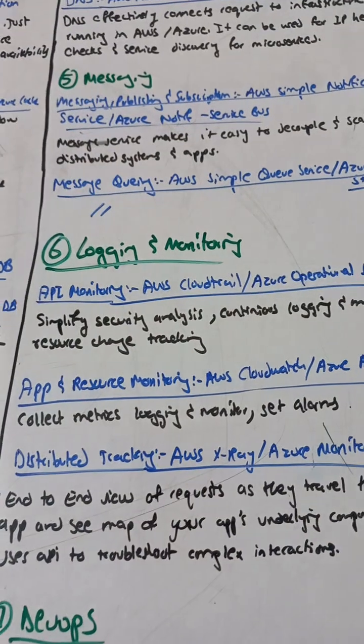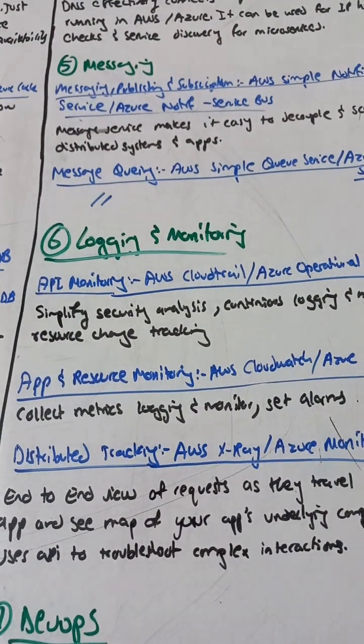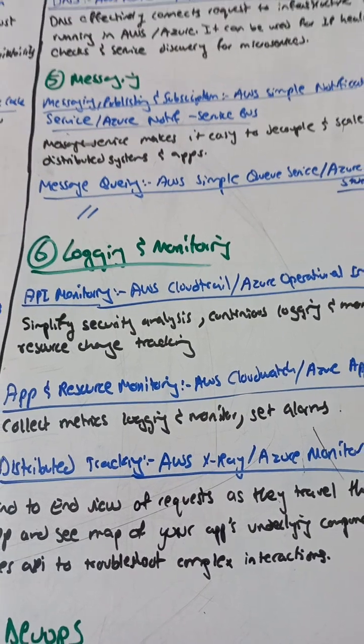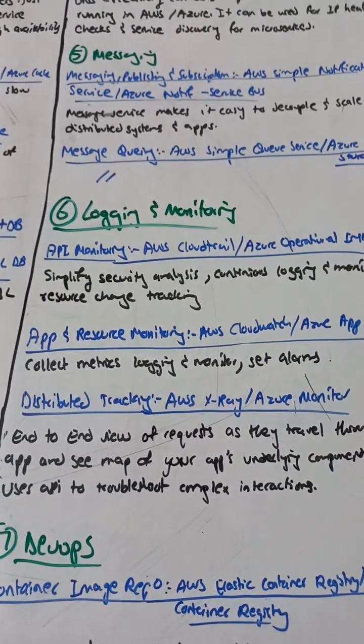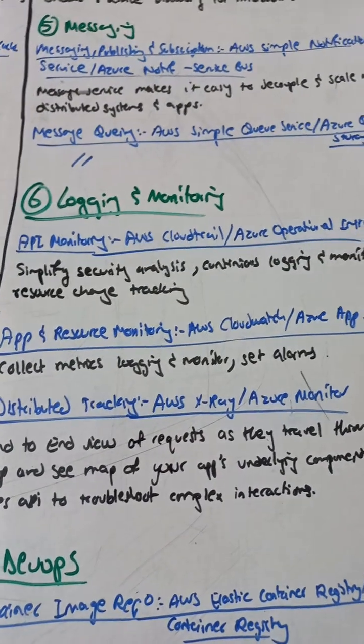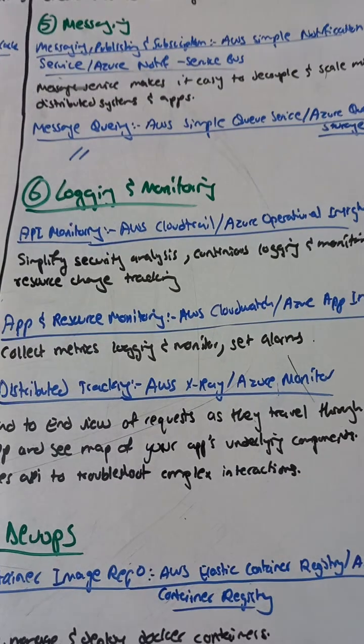For logging and monitoring, if you're doing it on the API level, then you are going to be using AWS CloudTrail and Azure Operational Insights. Whereas if you're doing it on the application level, then you will be using AWS CloudWatch and Azure Application Insights.